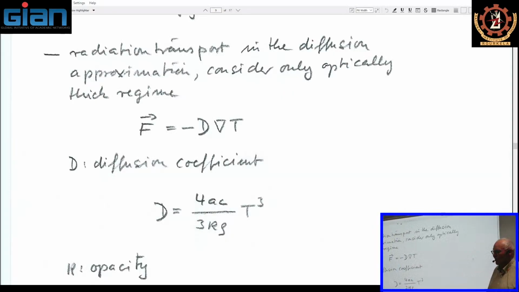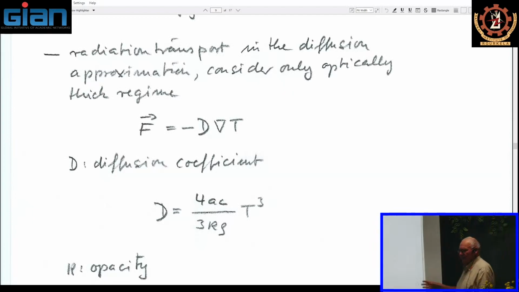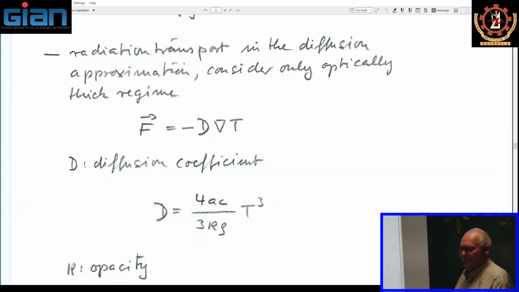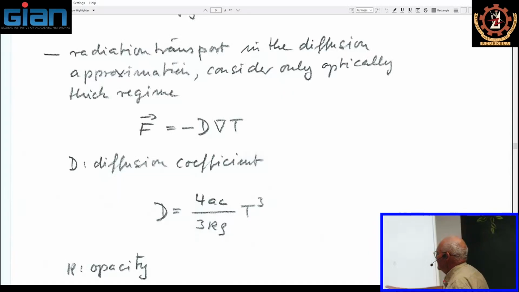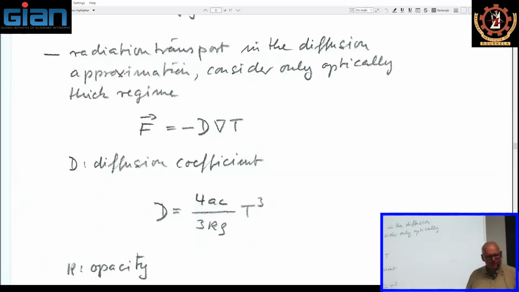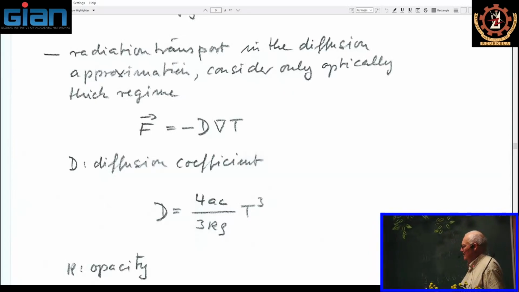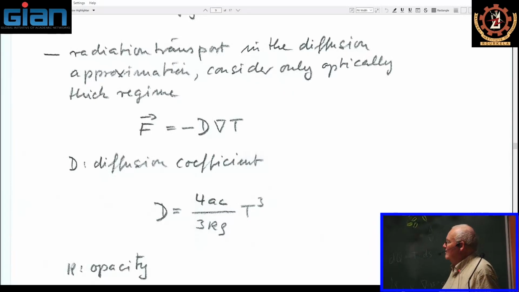It's a big business in astrophysics to determine this opacity. This opacity is the essential quantity in the energy transport equation. We'll come to the details of opacity later on. But this is the diffusion equation and the diffusion coefficient, which is used for the description of energy transport in a star. Okay, so this is another process.